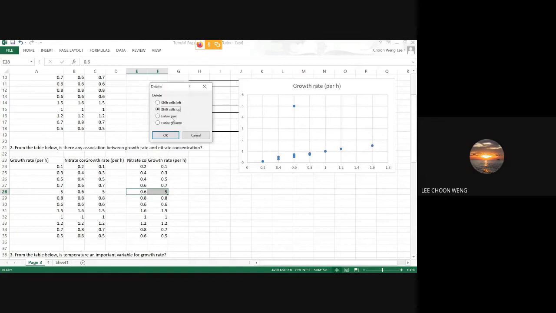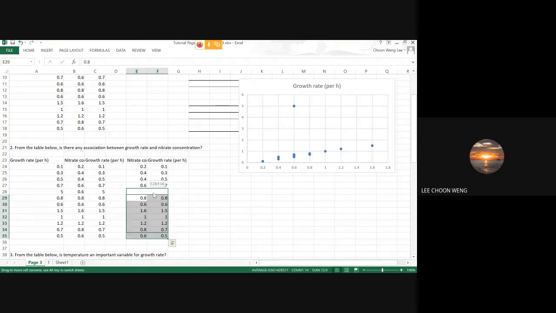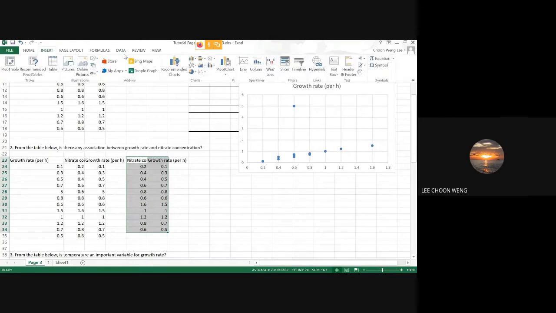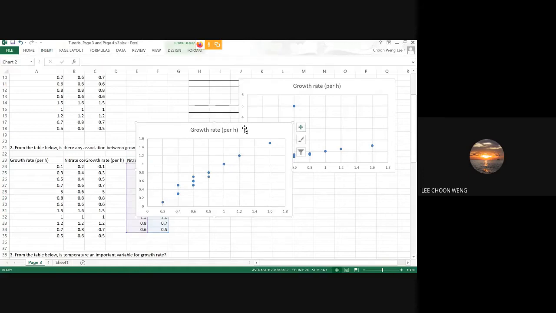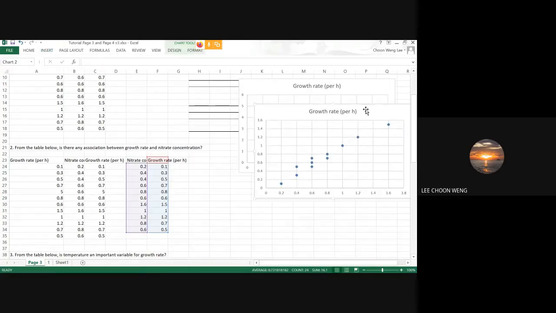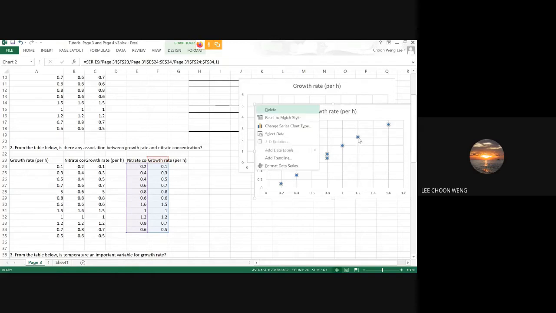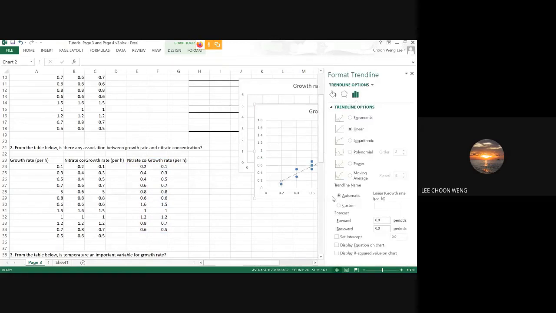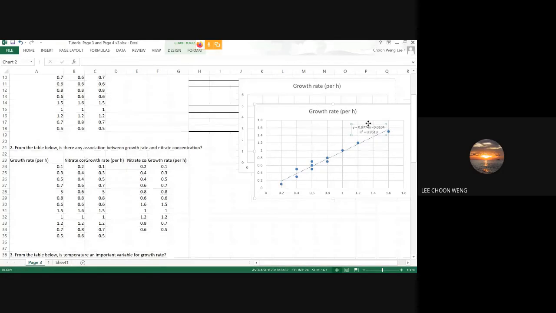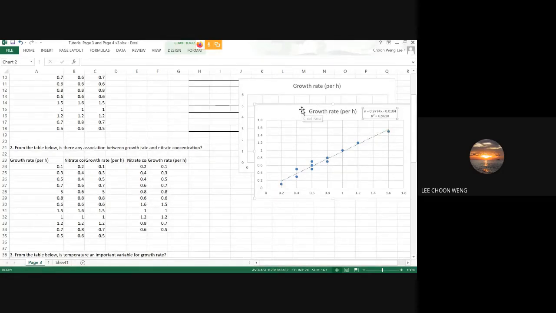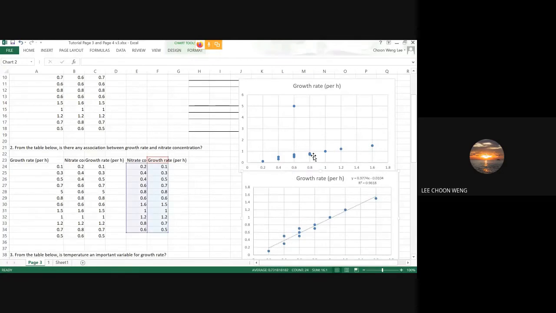So if you were to remove it, then you will see the graph. Okay, so without the outliers like this, then if you add a trend line, you can see the relationship between the growth rate and the nitrate concentration.